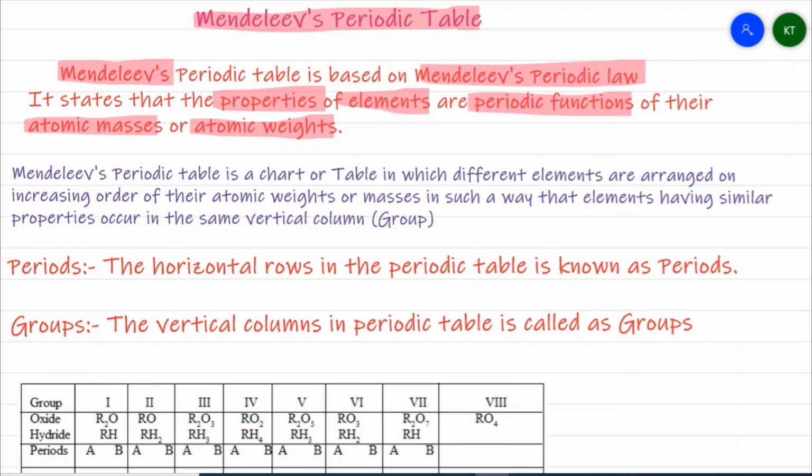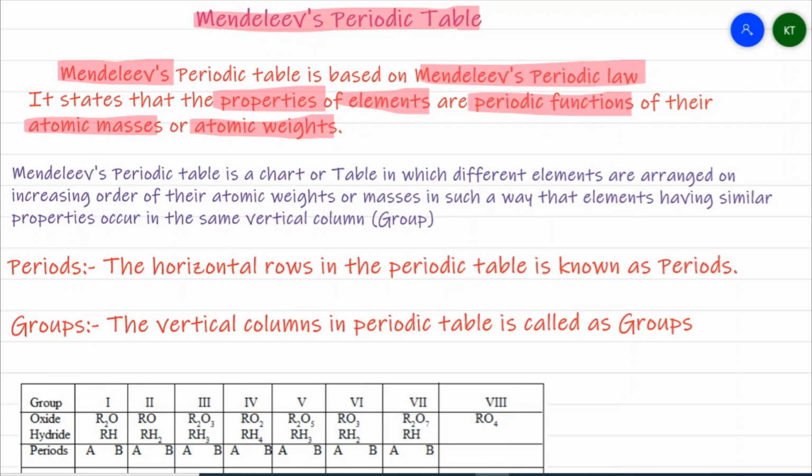So as atomic mass changes, properties of an element change, but as it is periodic, it is going to repeat after a fixed interval. According to this law, properties of an element change, but they do repeat after certain fixed intervals.